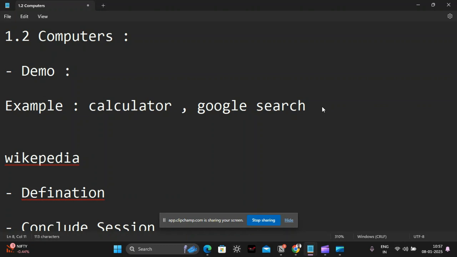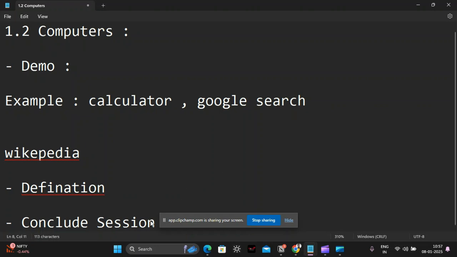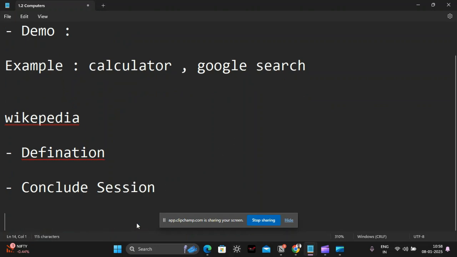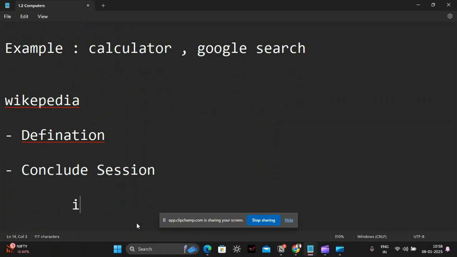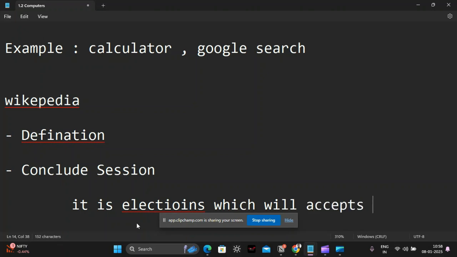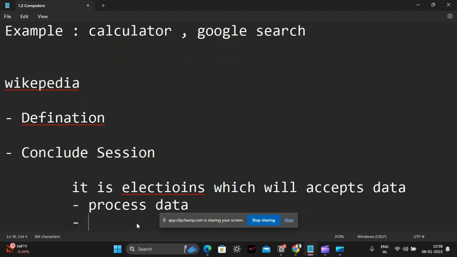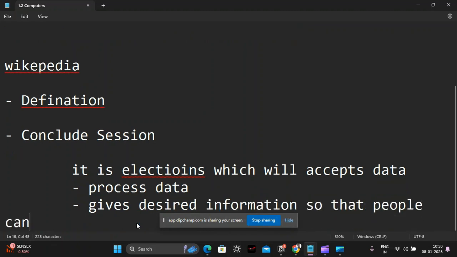If anybody asks you what a computer is, you can say a computer is an electronic device which accepts the data, processes the data, and gives the desired information so that people can understand.